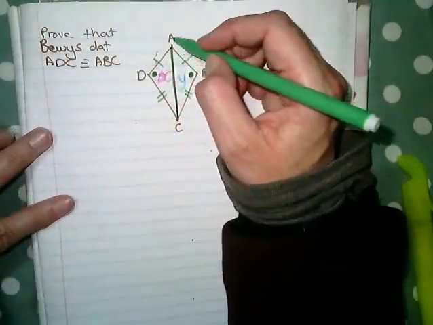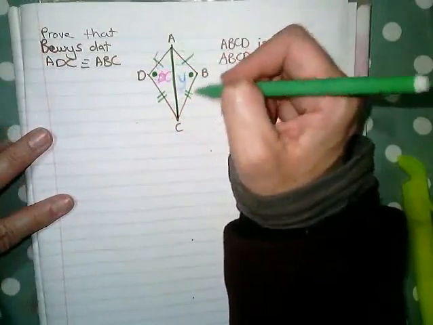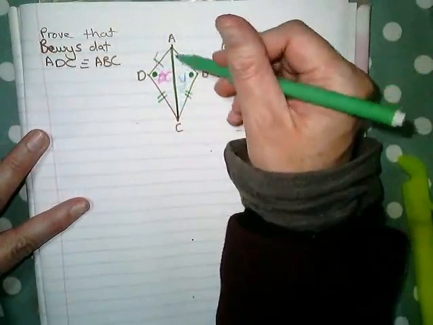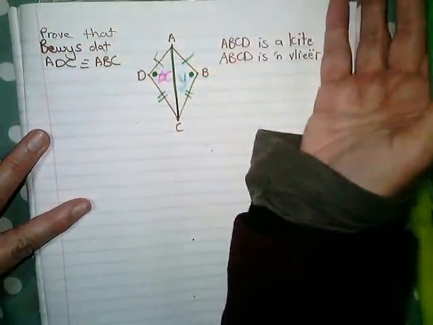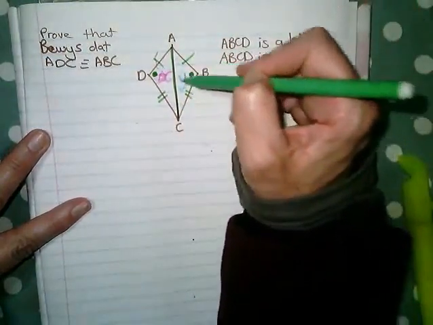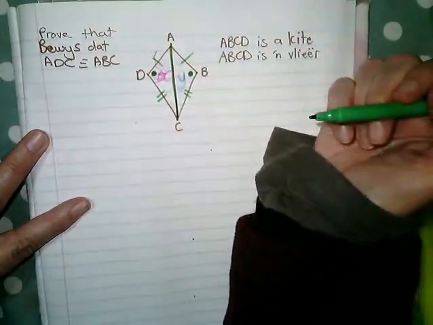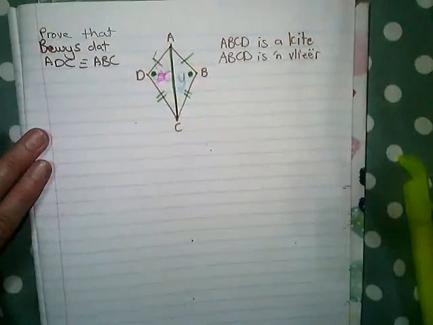Because this is a common side, that side has the same length for triangle Y and the same length for triangle X, right? So, dit is wat ons nou alles weet. As ons dit weet, dan kan ons nou bewys.